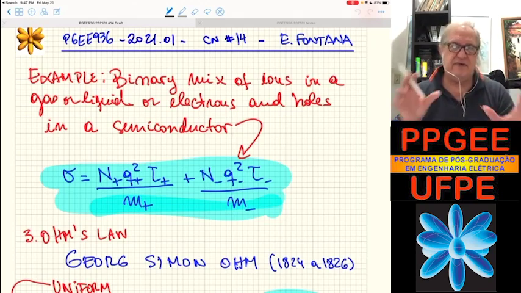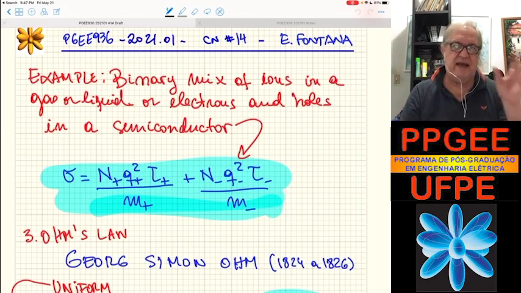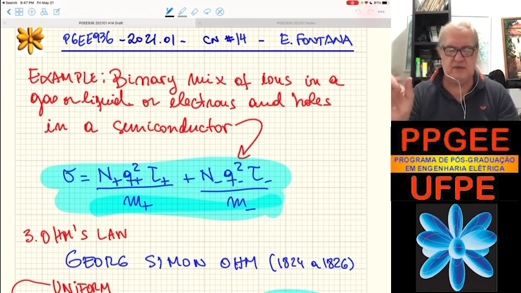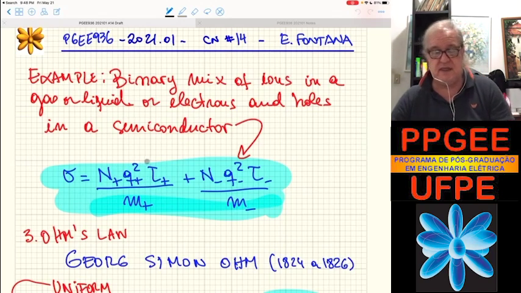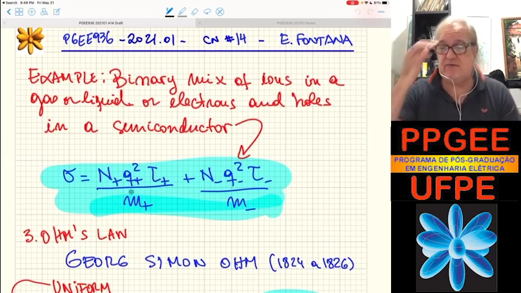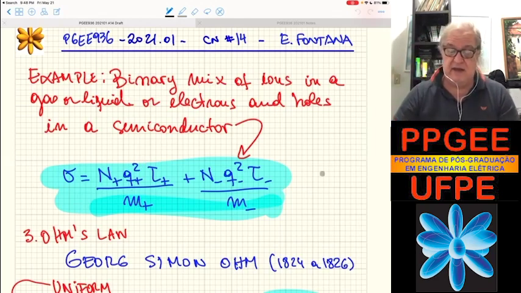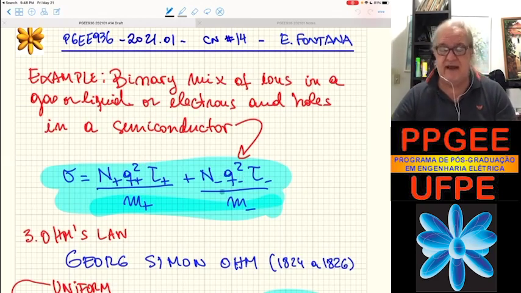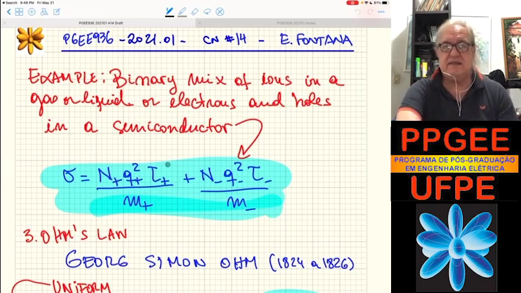And if you separate into two groups, one of electrons, one of positive ions, or one of electrons, one of holes, you're going to have that the conductivity is the sum of each group's contribution, right? So it's going to be something like this. The collision time is associated with the positive ions or holes in a semiconductor, with effective mass if you have a semiconductor, and then you have the contribution of the electrons or negative ions in a solution. We can always use this formula to determine the conductivity in linear systems. Okay.